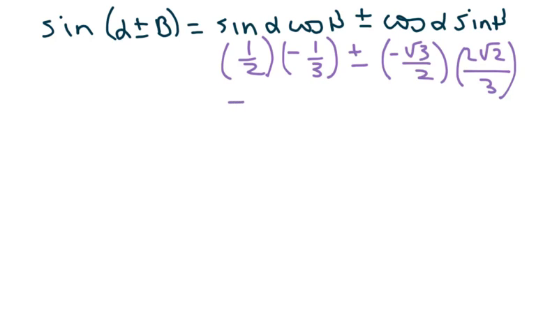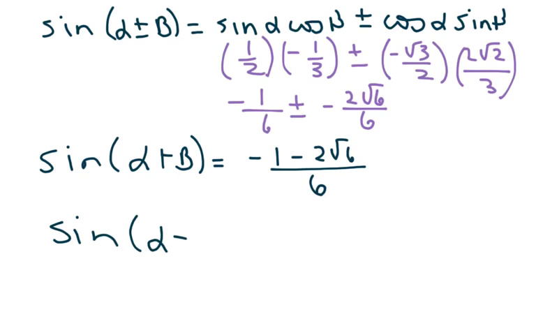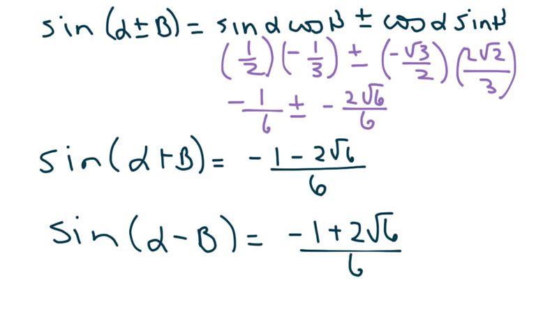So we get negative 1 over 6 plus or minus negative 2 root 6 over 6. So sine of alpha plus beta equals negative 1 minus 2 root 6 over 6. And sine of alpha minus beta equals negative 1 plus 2 root 6 over 6. You need to write these down.